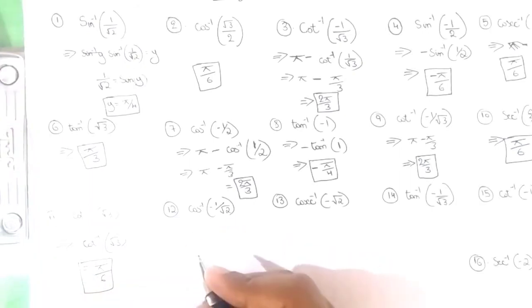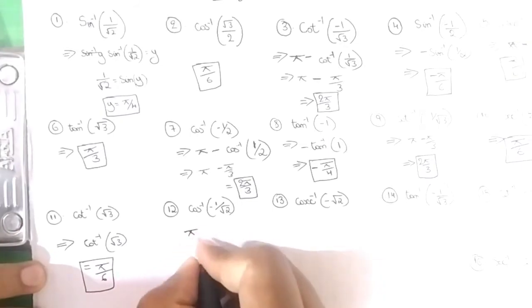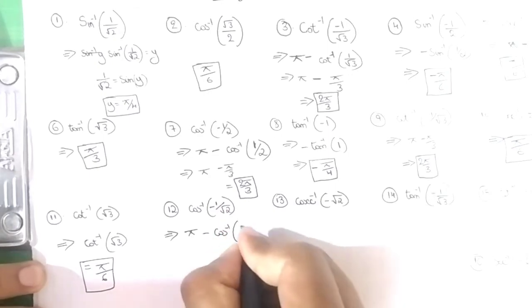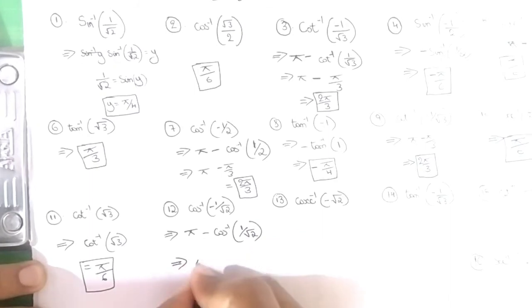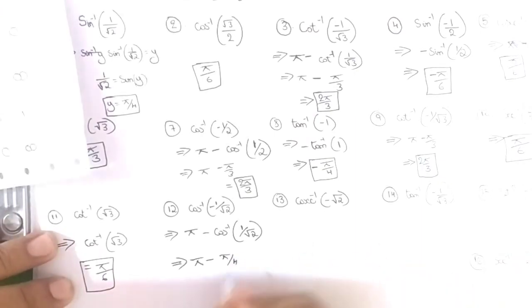Cos inverse of minus 1 by root 2. For solving cos inverse with a negative number, it is pi minus cos inverse of the positive of the given number. In the next step, pi minus cos inverse of 1 by root 2. For 1 by root 2, the angle is pi by 4.